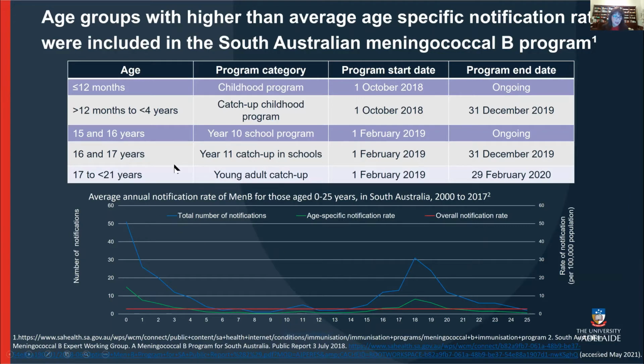In the table above the graph, there are two lines in purple. That's our continuing program in infants and 15, 16-year-olds. And the catch-up programs are indicated there that have now been ceased, with just those two age groups ongoing.